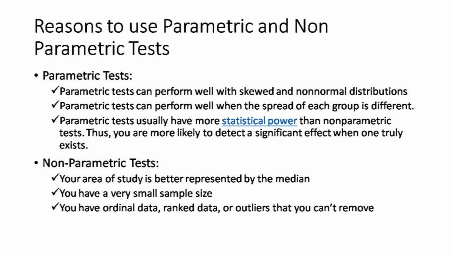Whereas non-parametric tests are used for an area of study which is better represented by the median, where we have a small sample size, and definitely where the data is ordinal or ranked data, or there are outliers that cannot be removed from the data.